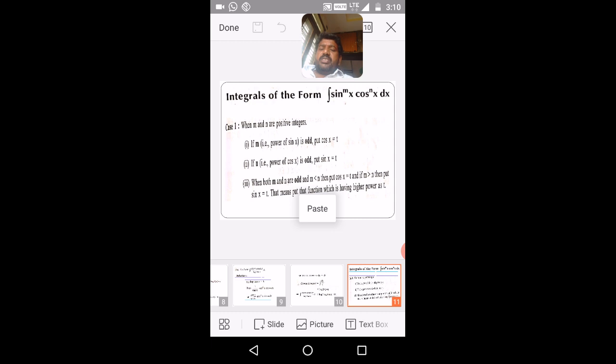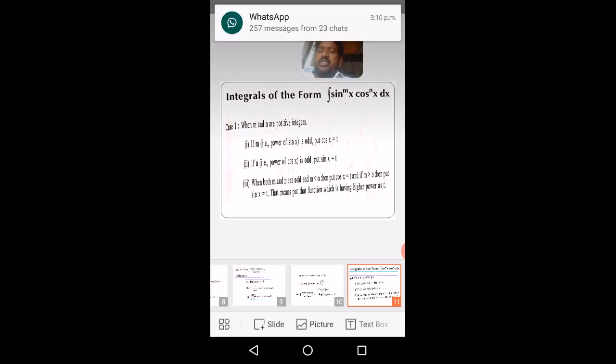Or if cos x has an odd power and sin x has an even power, then substitute sin x equal to t. That is the one case.